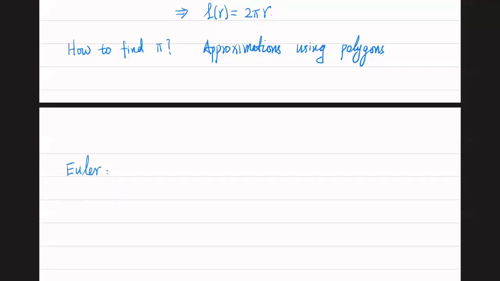If we add the reciprocals of the squares, so first the 1 square, that's easy. 2 square, 3 square, add the reciprocals of all squares, then eventually we get this pi square over 6. So you can see it's different from what we have seen before.